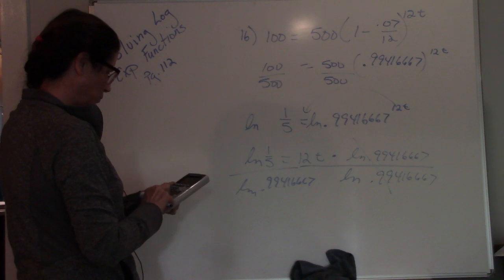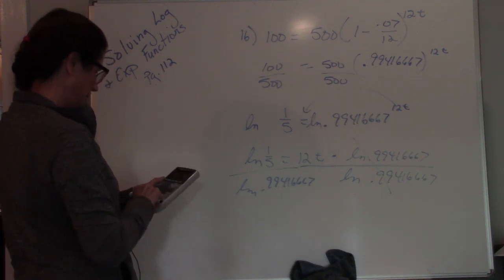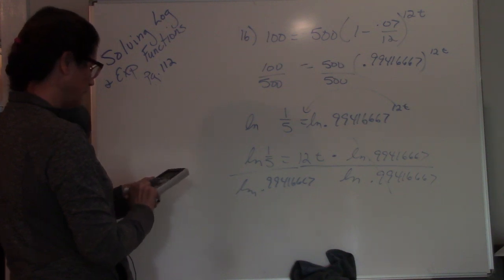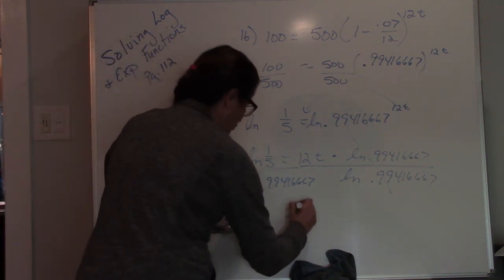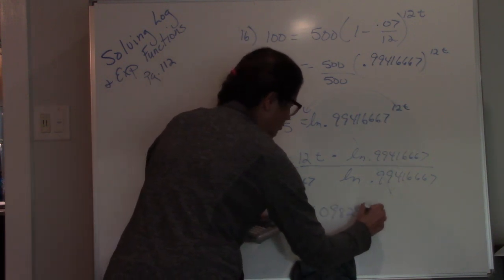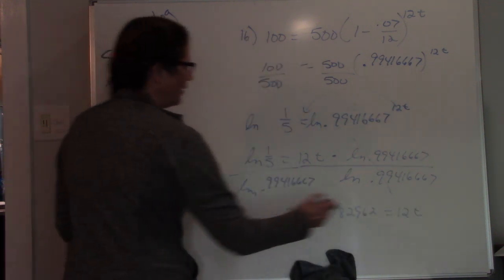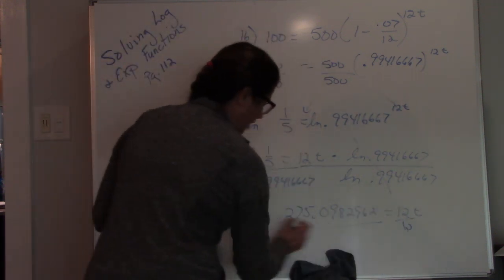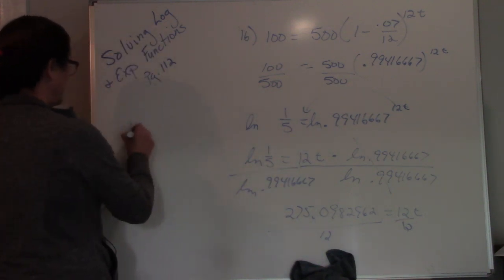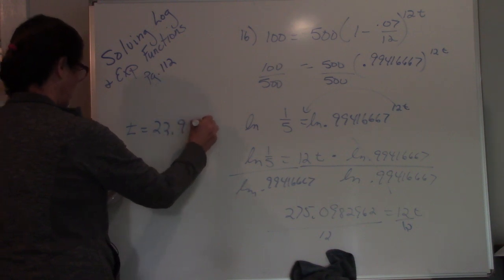So I do ln 1 divided by 5, divided by ln 0.994166667, and I get 275.0982962 equals 12t. Then I divide by 12, because again, I want the t by itself. So I get t equals 22.925.